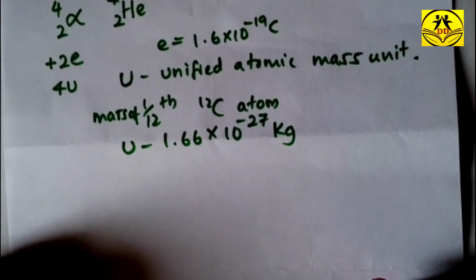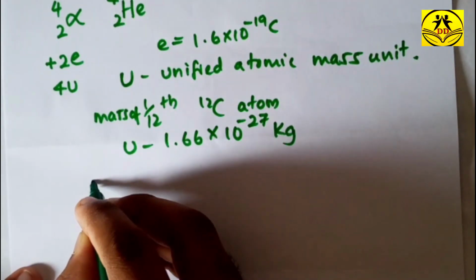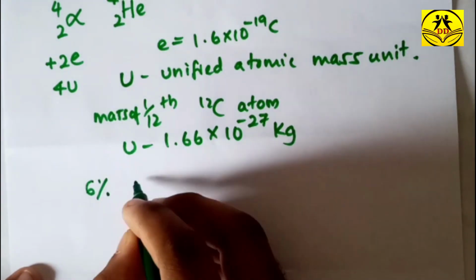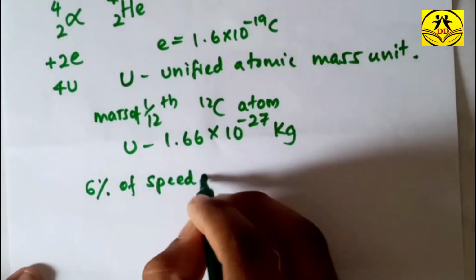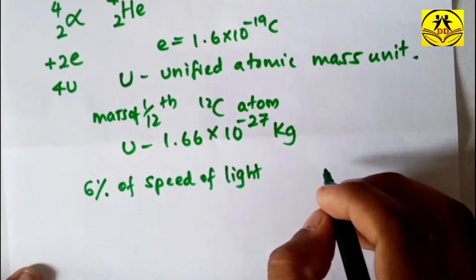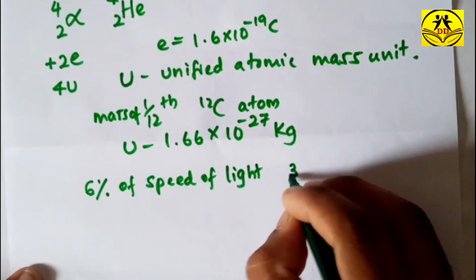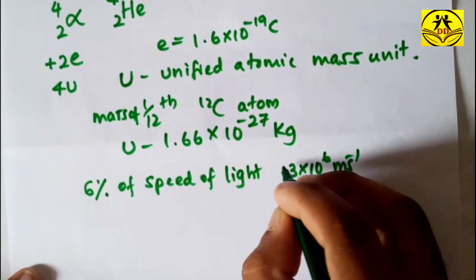When we take the speed of an alpha particle, it is only around 6% of the speed of light, which is 3 times 10 to the power 8 meters per second.